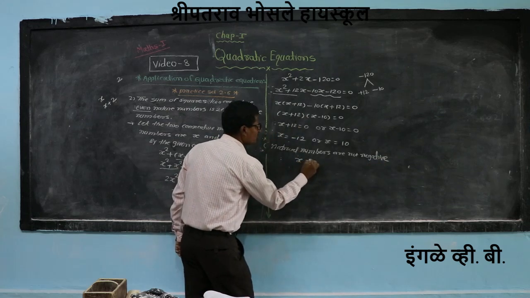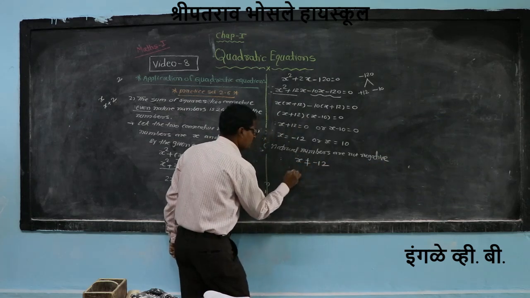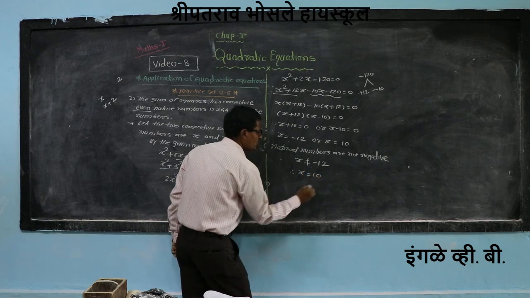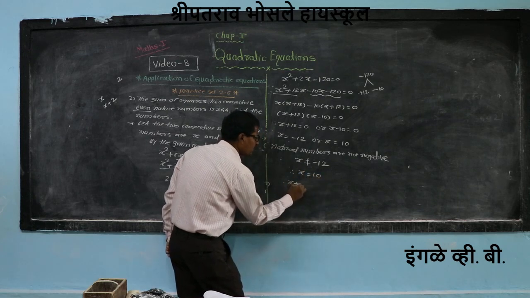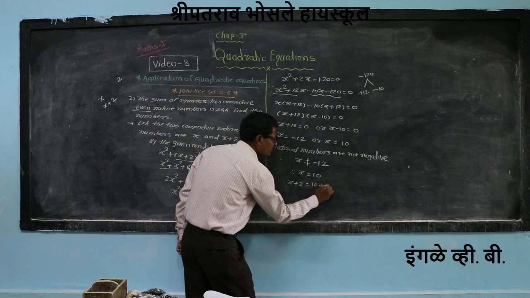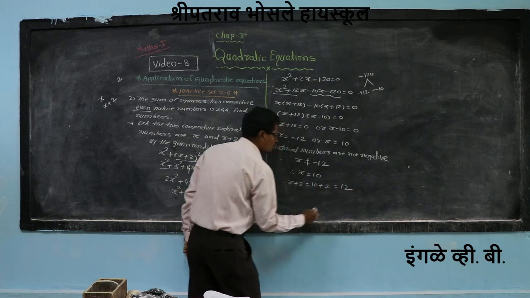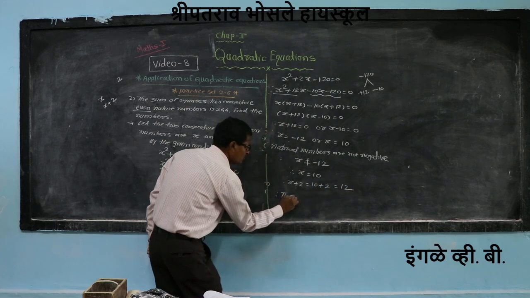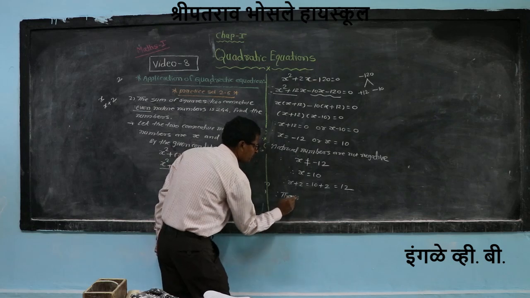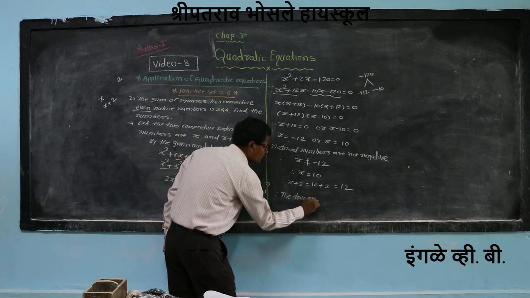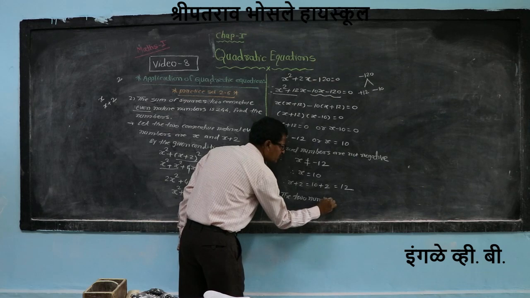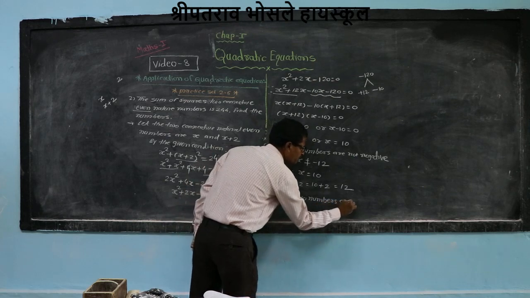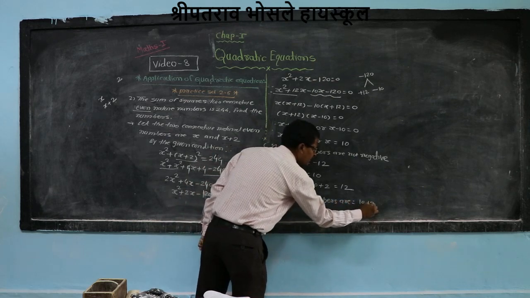Therefore x is not equal to minus 12. Therefore x is equal to 10. Therefore x plus 2 is equal to 10 plus 2, which is 12. Therefore the two numbers are 10 and 12.